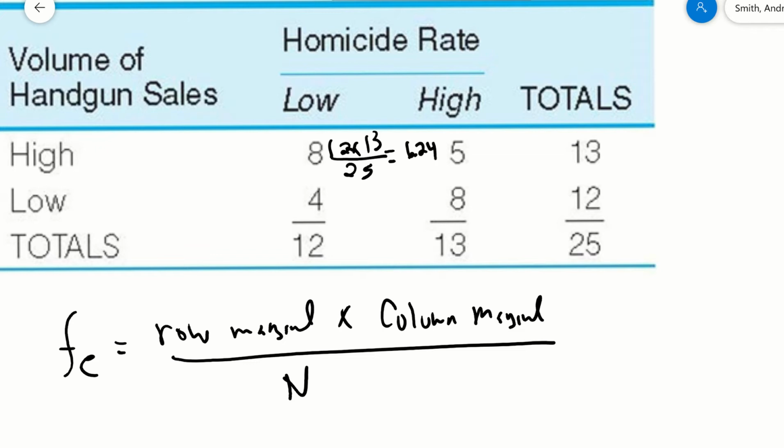For the 4, it is 12 times 12 divided by 25, and it gives us 5.76, right? For the next one, 5, it is 13 times 13 divided by 25, right? And that'll give us 6.76, right?